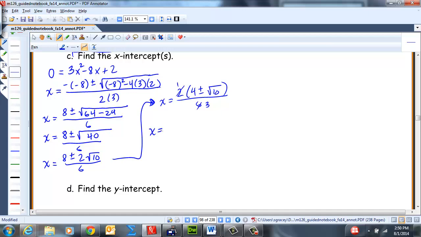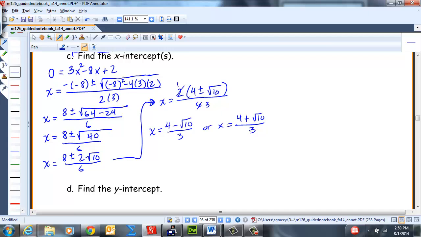So x will be either (4 minus root 10) over 3, or x is (4 plus root 10) over 3.